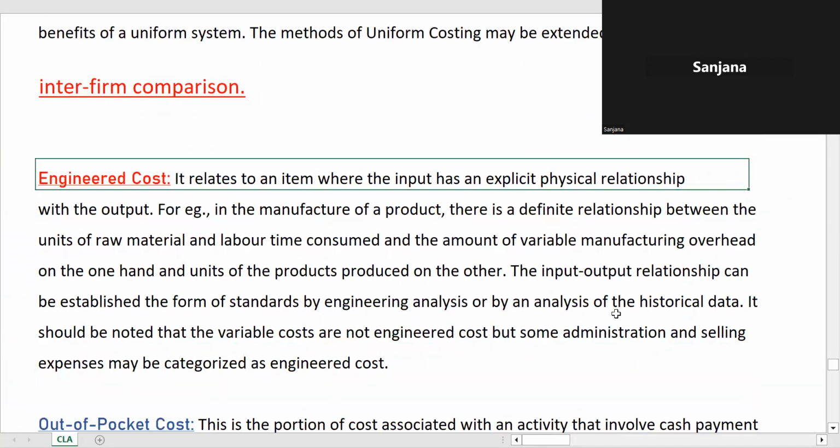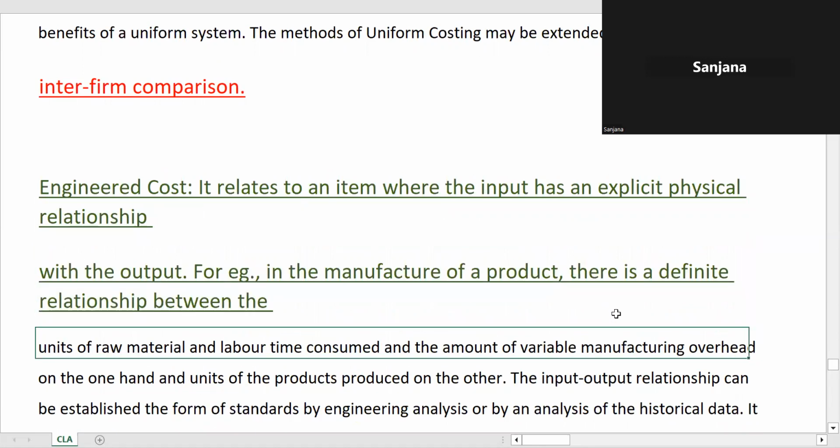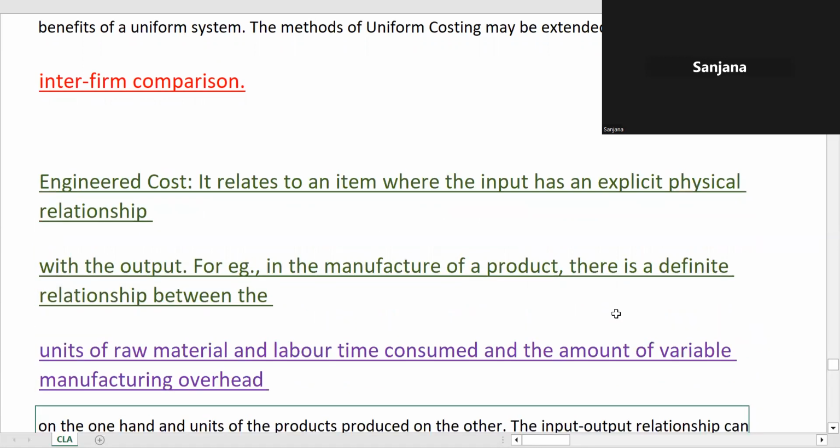Now, one more thing is engineered cost. This is where two costs have some direct relation between each other, such that if you use this much material, you will need this much labor. Like that, you have some cost relationship directly, and that is called engineered cost. For example, there is a definite relation between raw material and labor.